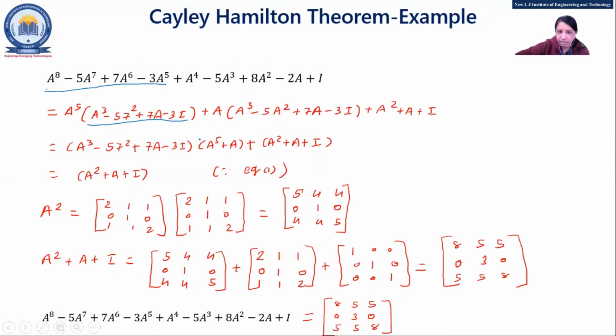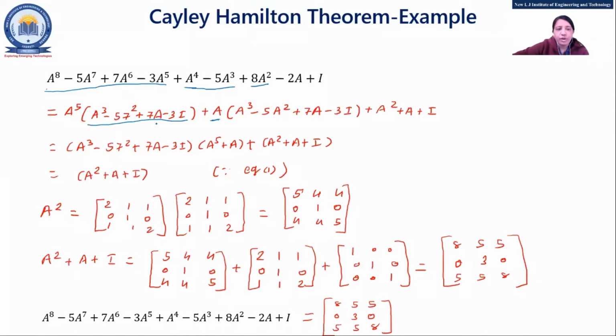Fine. Any doubt into this? Then you can write down in between in the chat box. Fine. Now this A4. So what? Just take A common. Then you will get what? A cube. Next this. So minus 5A square. Now here, it's 8A square.